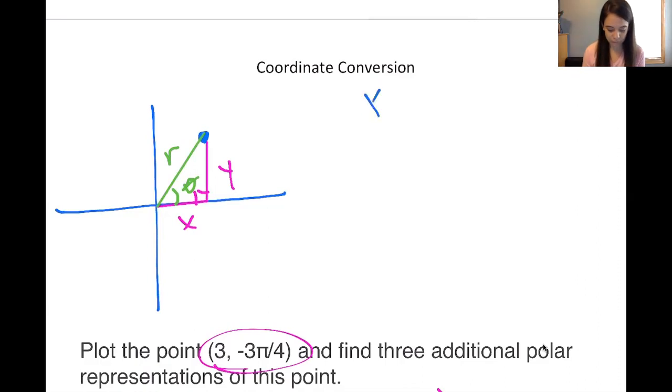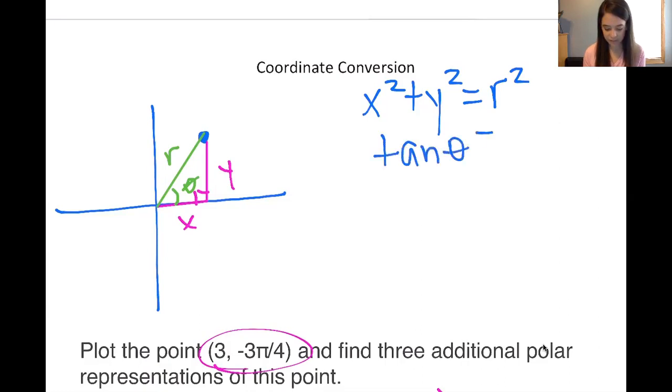We know that x squared plus y squared equals r squared because we have a right triangle, and that's the Pythagorean theorem. We also know that the tangent of theta equals opposite over adjacent, so y over x.